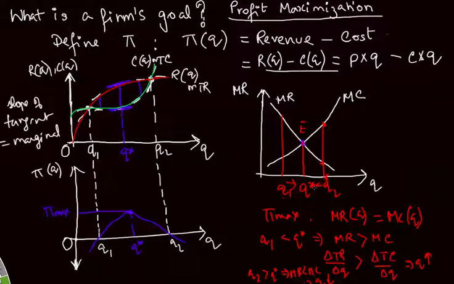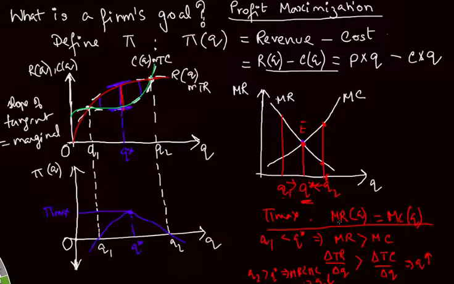The farm can increase its profit by reducing output. And going back here, at E, when the farm is producing Q star, MR and MC are equal, which means the distance between the two lines is the maximum, so maximum profit. Therefore, the condition for profit maximization is that marginal revenue should be equal to marginal cost.